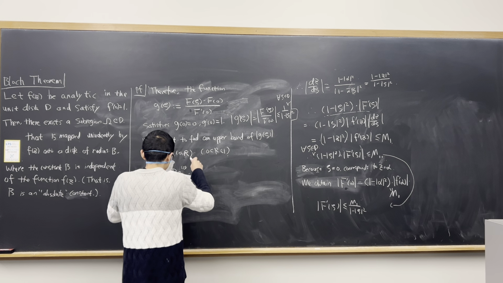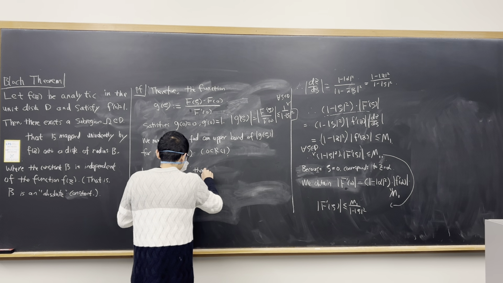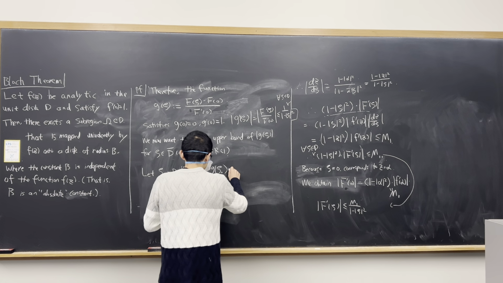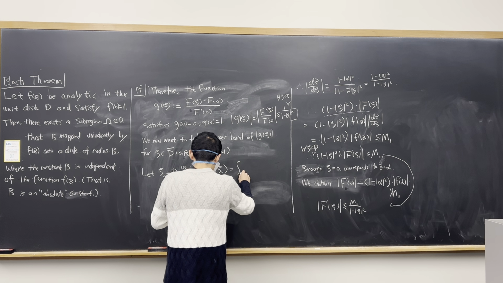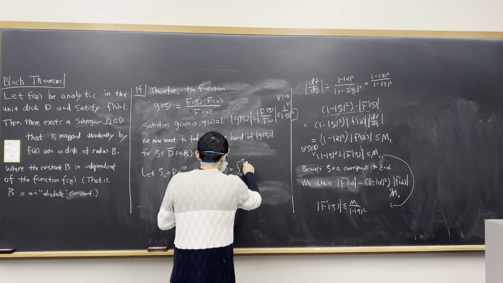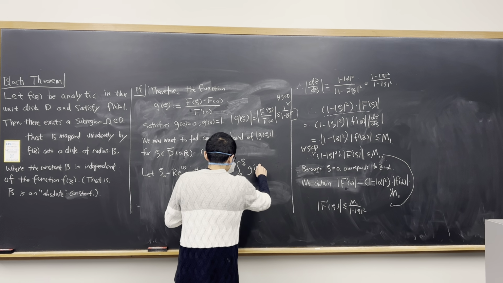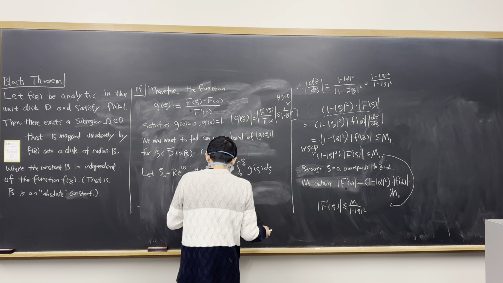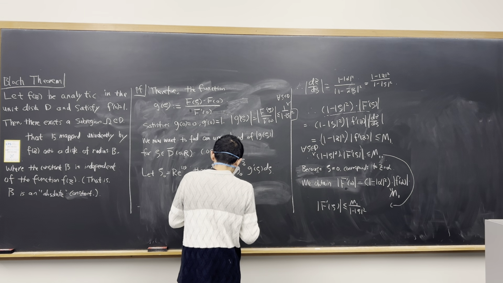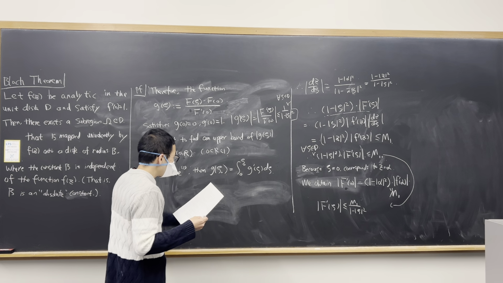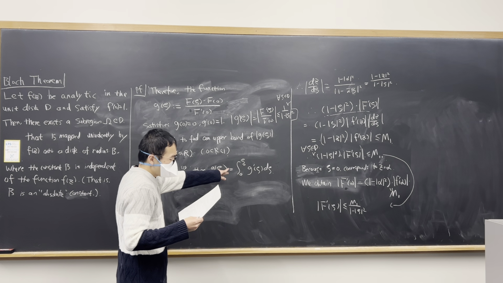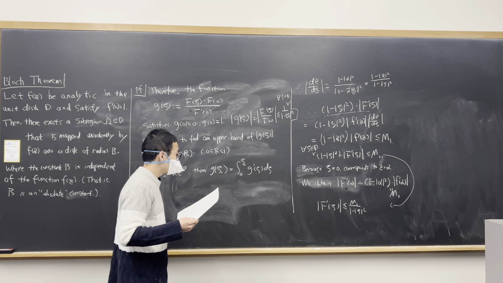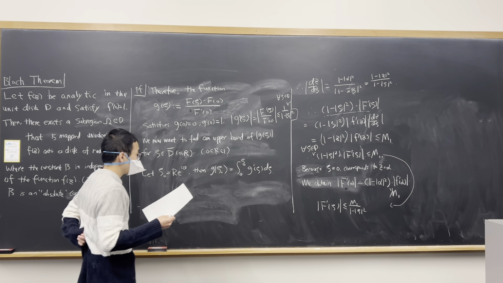So then we have g of zeta naught, which is the complex integral from 0 to zeta naught, where you can view this as integrating over any C1 path from 0 to zeta naught of g prime of theta d theta.